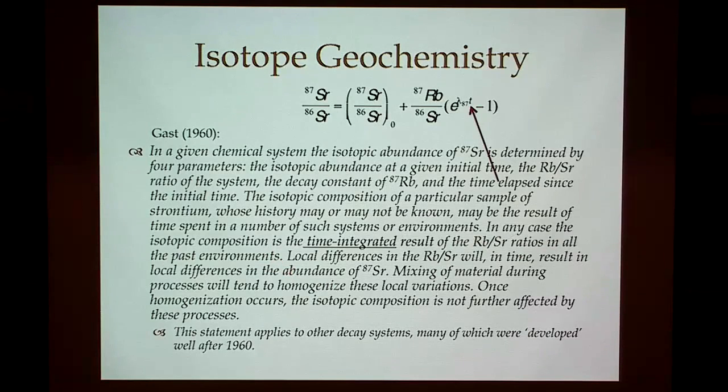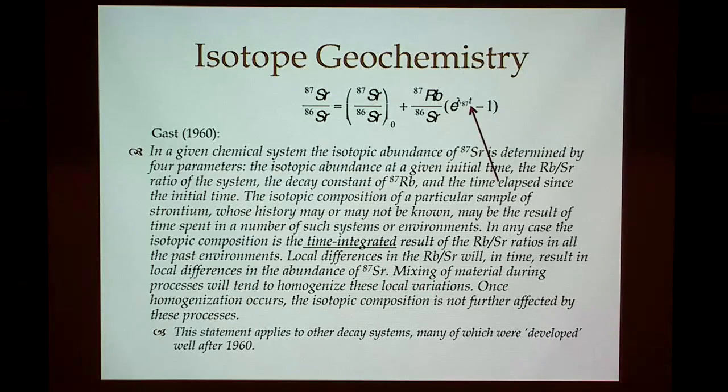So in other words, the strontium-87/86 ratio tells us about the history of the rubidium-strontium ratio. These are two incompatible elements, but rubidium is significantly more incompatible than strontium. He goes on to say local differences in rubidium-strontium will in time result in local differences in the abundance of strontium-87. Mixing of materials during processes will tend to homogenize these local variations.